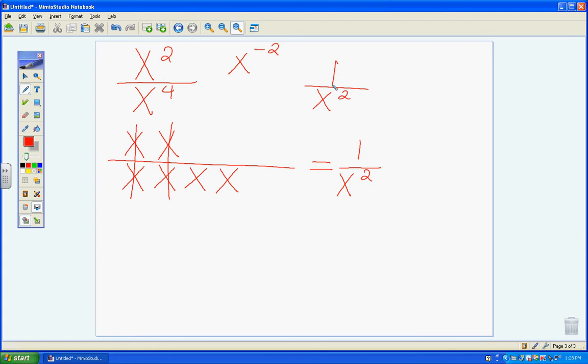Subtract them. Don't worry about what's going where. What's 4 minus 2? It's 2, right? Where's the bigger exponent? So it goes on the bottom, whatever I'm left with. It's not the rule, but it always works. It's easier than having -2 and having to remember to put a 1 on top of it.